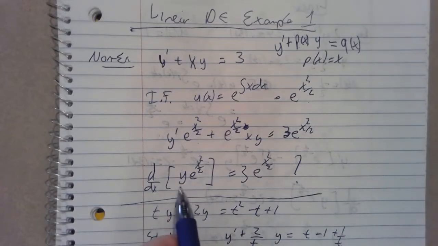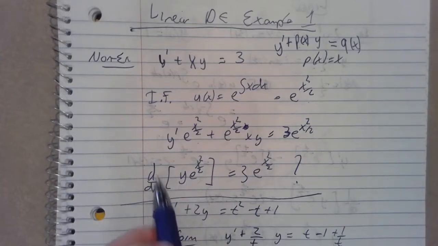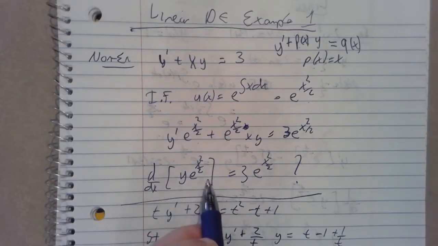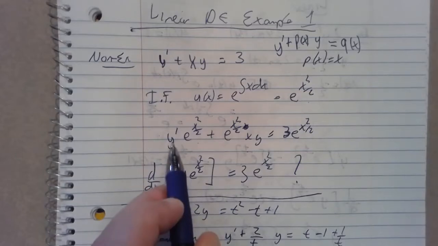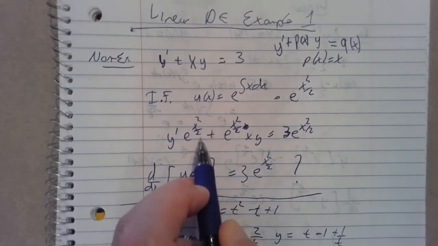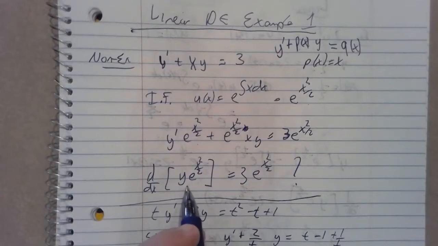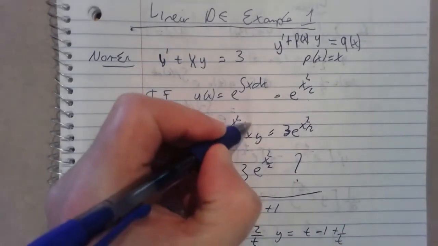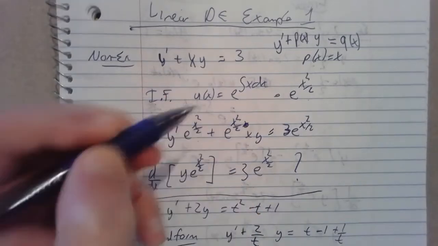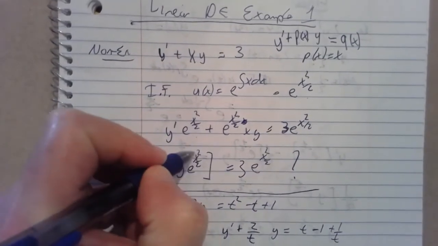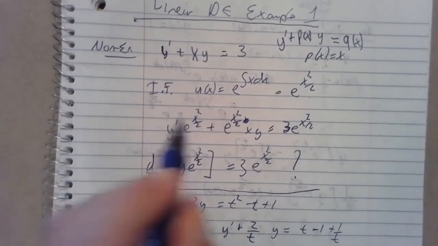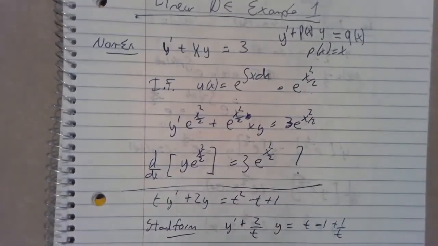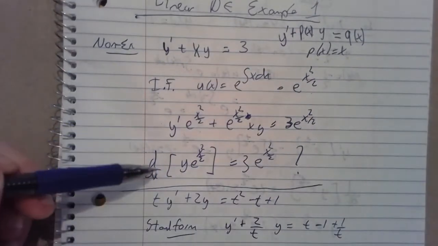Y is a function of x, so we'd have to do product rule. Derivative of the first, leave the second alone, plus leave the first alone and then derivative of e to the x squared over 2. So the left-hand side is somebody's product rule, so we can write it like that.